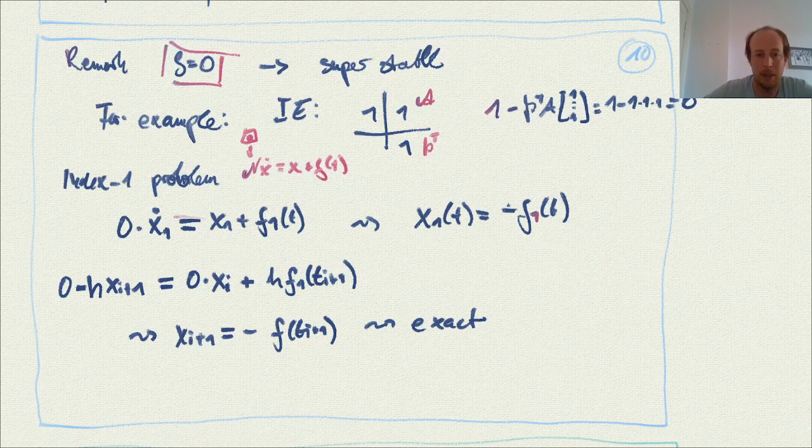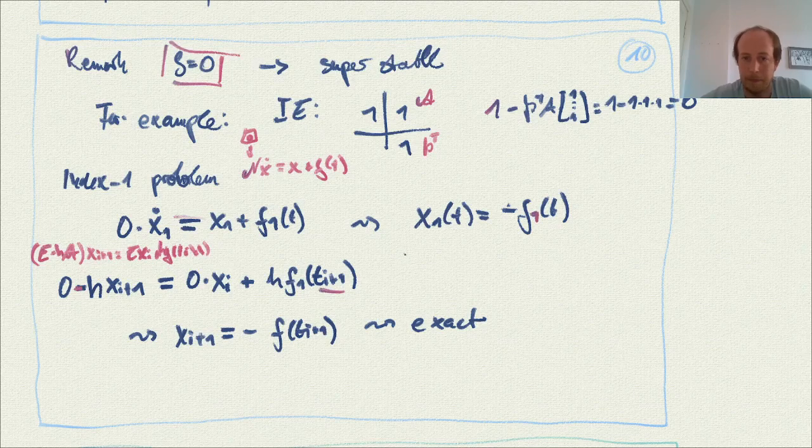Now if we apply the implicit Euler method, we would have E x_{i+1} is E x_i plus h times f of t_{i+1}. So this would be that. And here we have the 0 minus h, A is just the 1, x_{i+1}, 0 times the x_i, and here the right hand side at the new point of time.